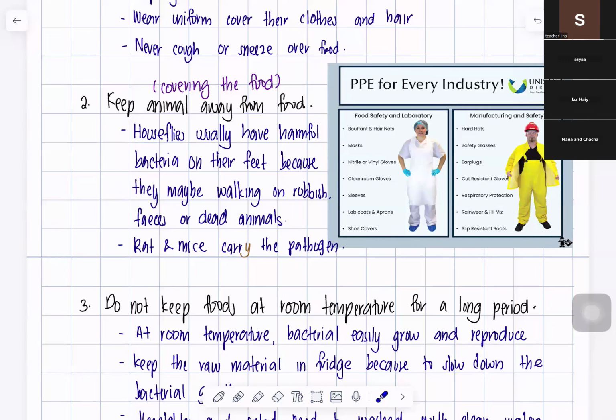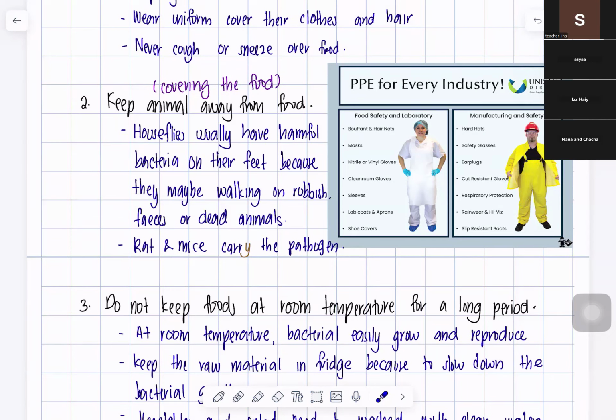Keep animals away from food. Cover the food. Houseflies usually have harmful bacteria on their feet because they may be walking on rubbish, feces, or dead animals. And rats and mice also carry pathogens.